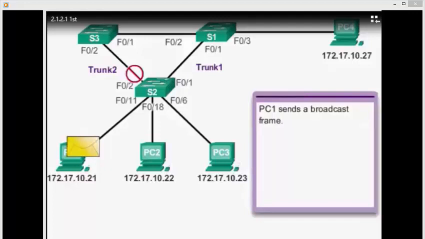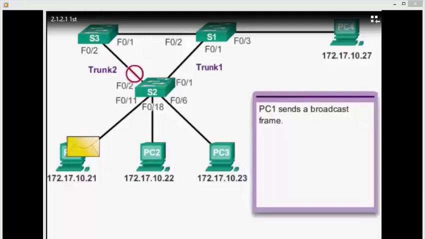In this video, you'll see that PC1 sends a broadcast out onto the network. Switch 2 is configured with STP and has set the port for trunk 1 to a blocking state.